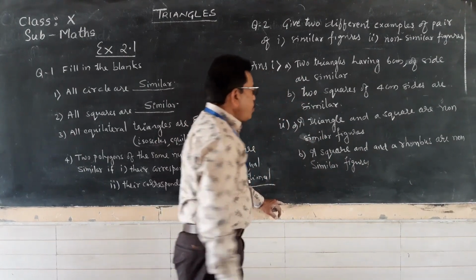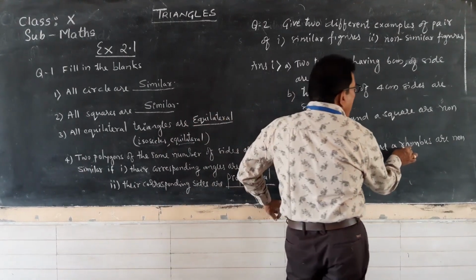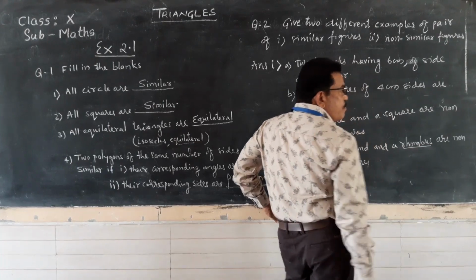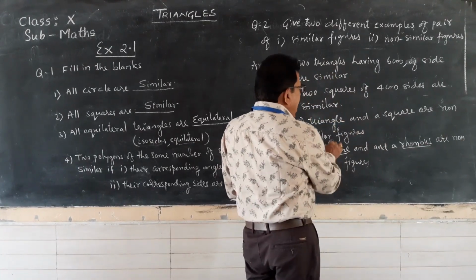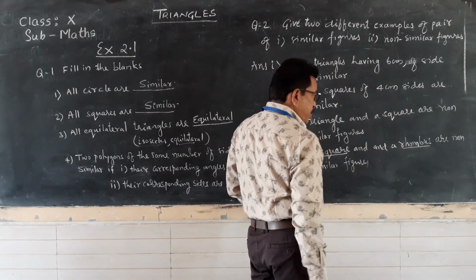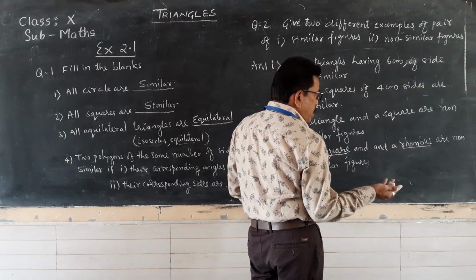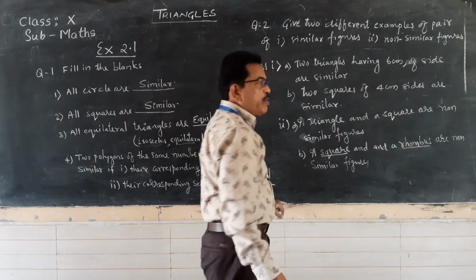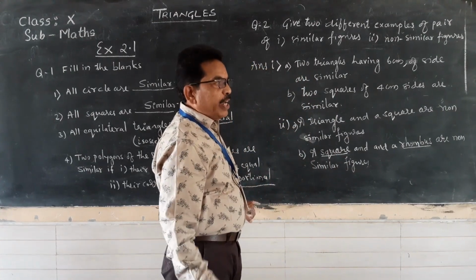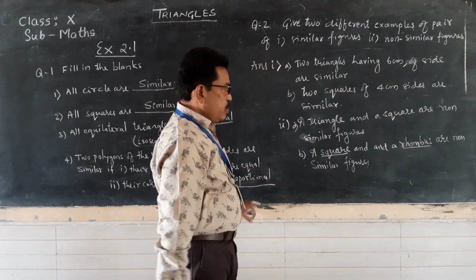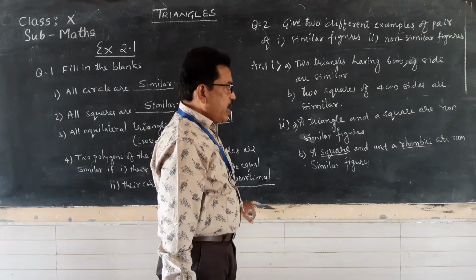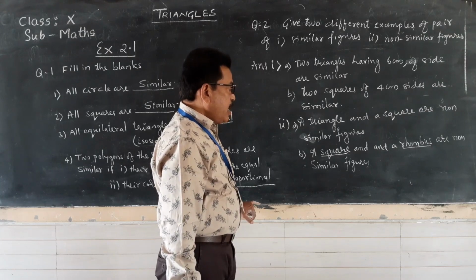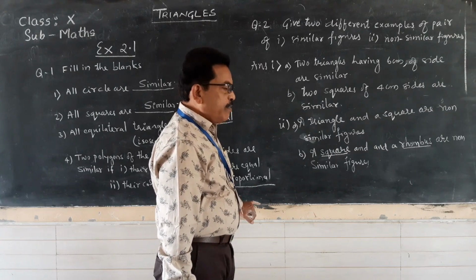Because a square and a rhombus may have equal sides, but the angles are completely different. A rhombus does not have angles equal to those of a square. The rhombus may have different angle measures. So a square and a rhombus are non-similar figures.